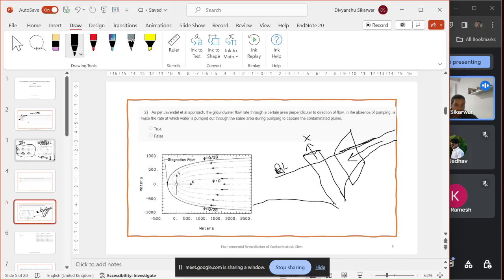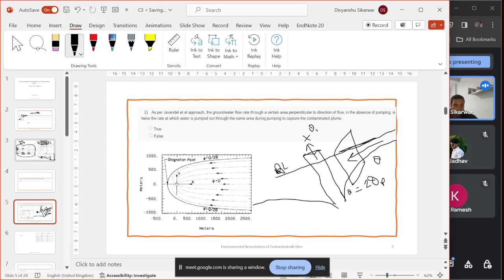So this Q value, the flow of the groundwater, is two times QP.